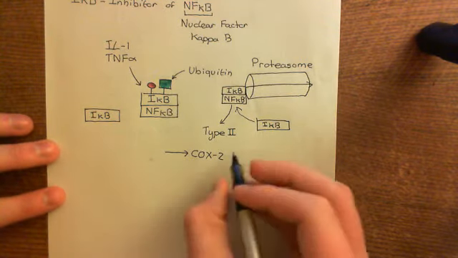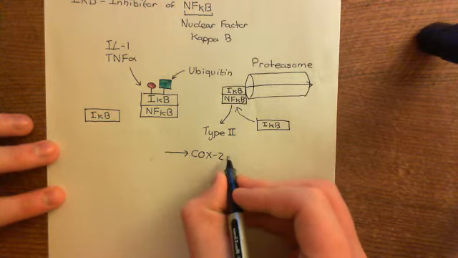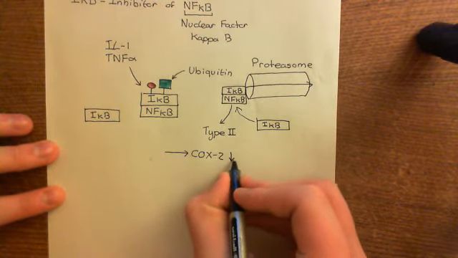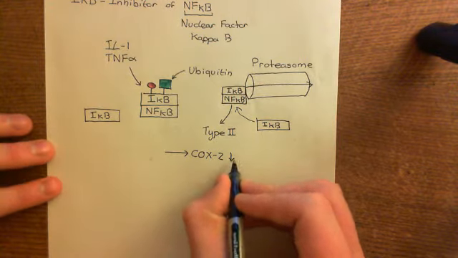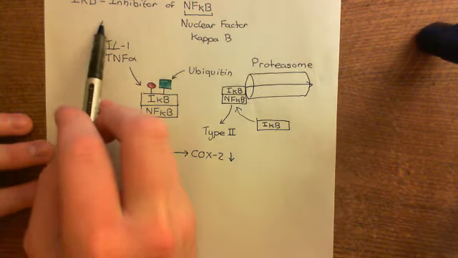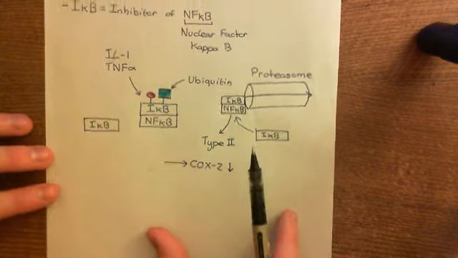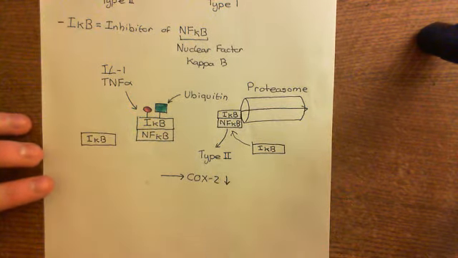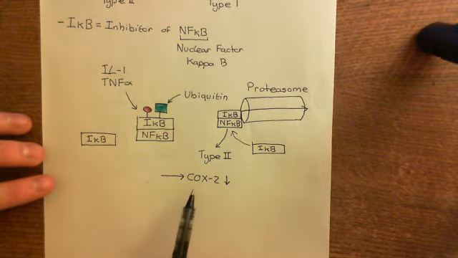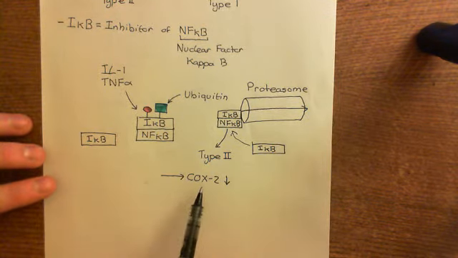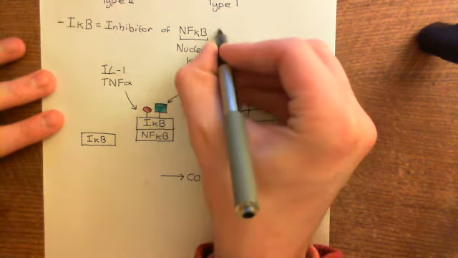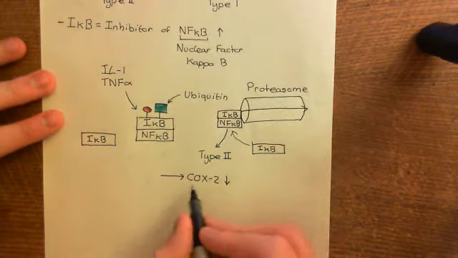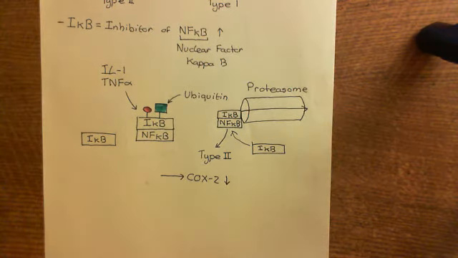Now, glucocorticoids are going to decrease the expression of COX-2, so you're going to reduce how much COX-2 you're making. So, if producing more inhibitor of NF-kappa B and stopping the whole type 2 activation process wasn't good enough, you're also going to stop the expression of COX-2 as well. So the expression of inhibitor of NF-kappa B is going to go up, and the expression of COX-2 is going to decrease.